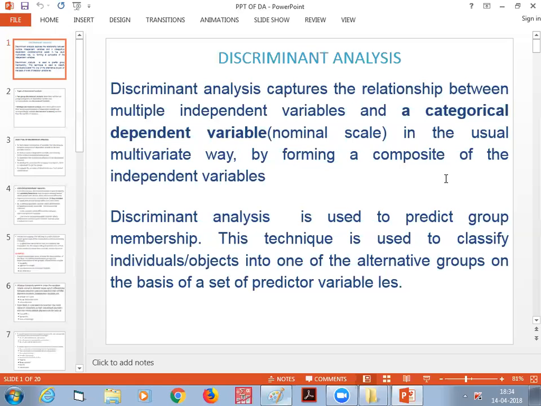I'll show you in the next slide. Discriminant analysis is used to predict group membership, whether an object belongs to the first group, second group, etc. So this technique is used to classify individual objects into one of the alternative groups on the basis of a set of predictor variables.